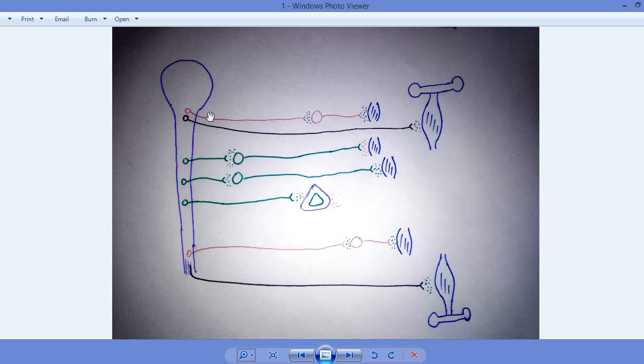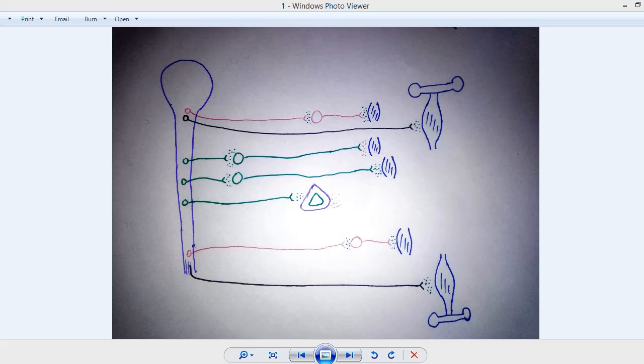In the parasympathetic nervous system, the neuron makes a connection with the cell body of another neuron in the periphery, and makes a ganglion. So at this connection, there is a ganglion.